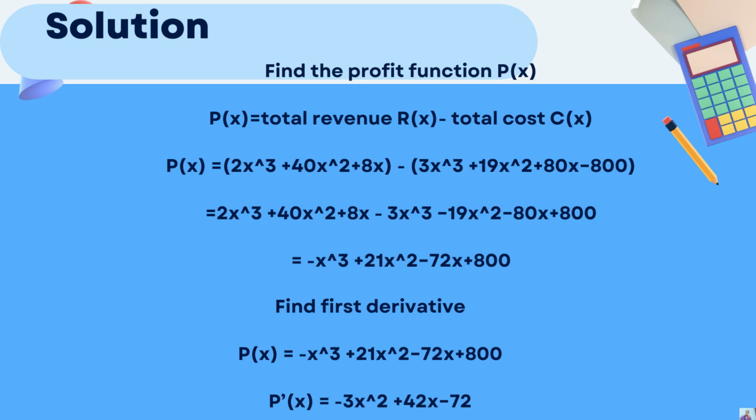Then we need to find the first derivative. The first derivative of P(x) is −3x² + 42x − 72.